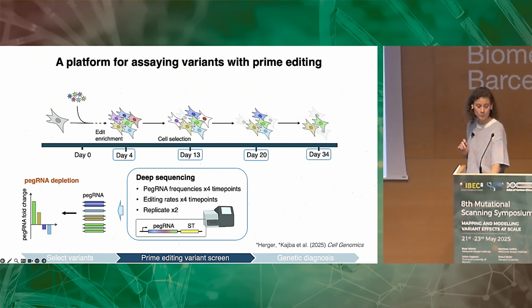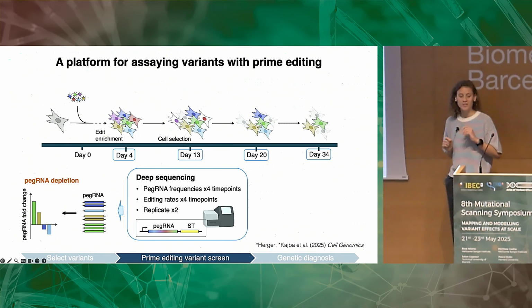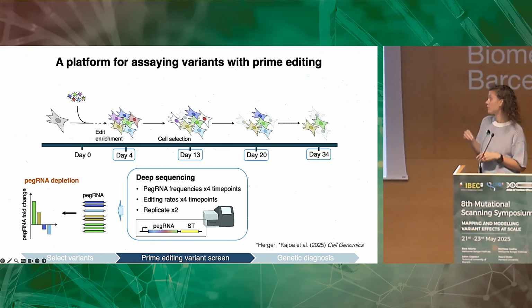The first one is the pegRNA abundance over time. By counting the number of reads for one pegRNA at each time point, we can track its abundance over time. And a strong depletion of a specific pegRNA suggests that the variant it introduces is likely to be loss of function.